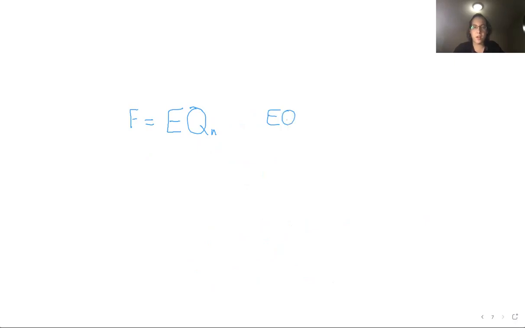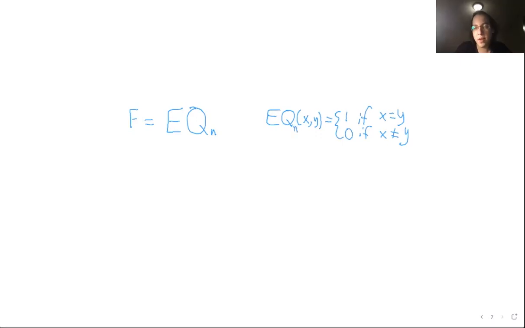Well, equality on x and y is equal to 1 if x equals y, and 0 if x does not equal y. Okay, and this is equality on n bits if the inputs are n bit strings.